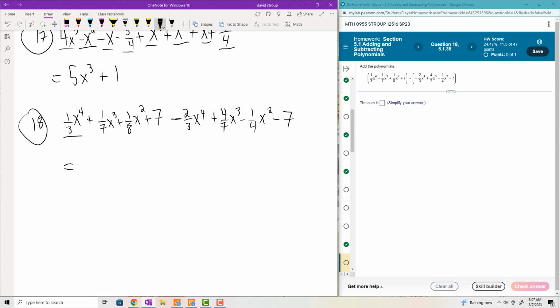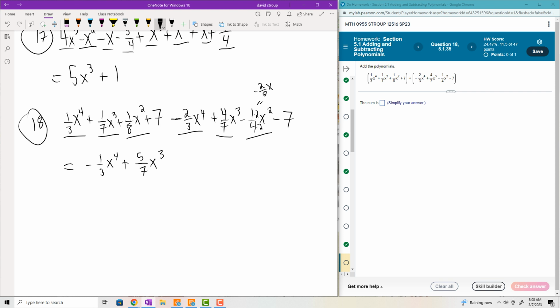Anyways, combine the x to the 4th together first. So 1/3 minus 2/3 gives me minus 1/3 x to the 4th. 1/7 x cubed plus 4/7 x cubed is 5/7 x cubed. Then 1/8 x squared and 1/4 x squared, so I'm going to find a common denominator. That will be 2/8.